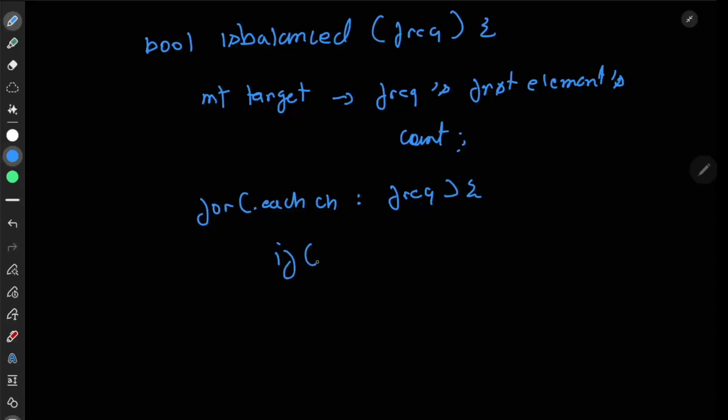If the frequency of ch is not equal to target, we can return false.